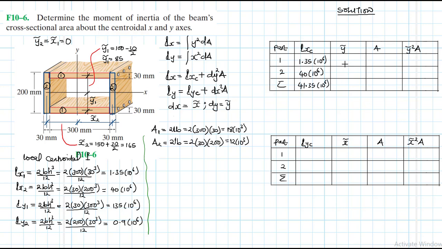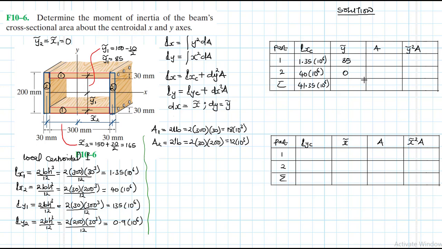Centroidal distances along the y direction: y1, we said this is 85, and for y2 it is 0.